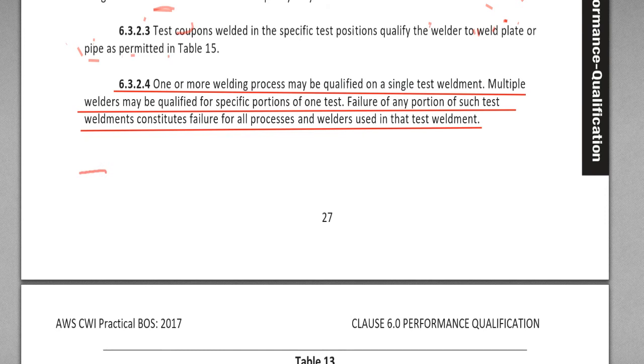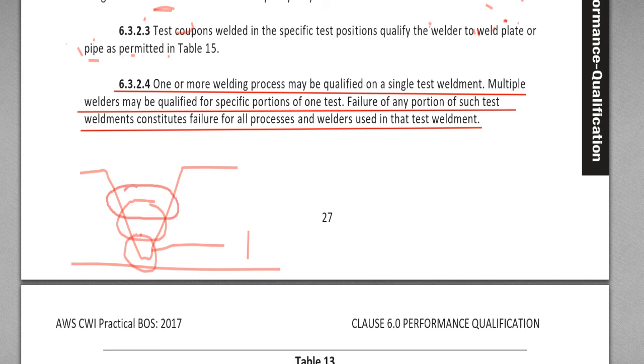So by this single groove test weldment, the root pass is performed by welder number 1, and the second pass and third pass are welded by welder number 2, and the final pass is qualified by welder number 3.